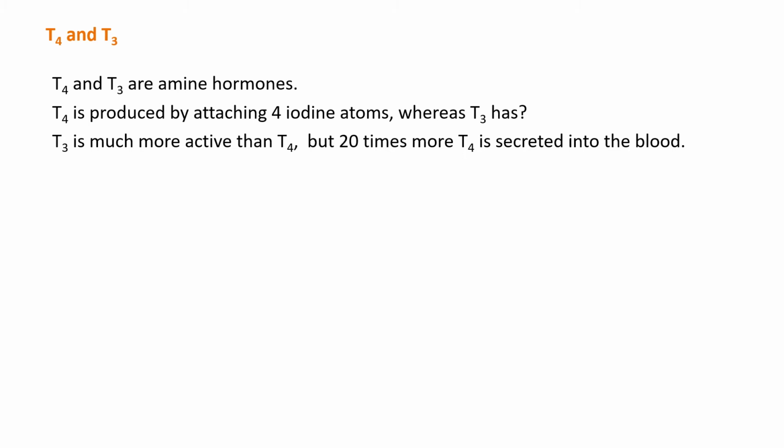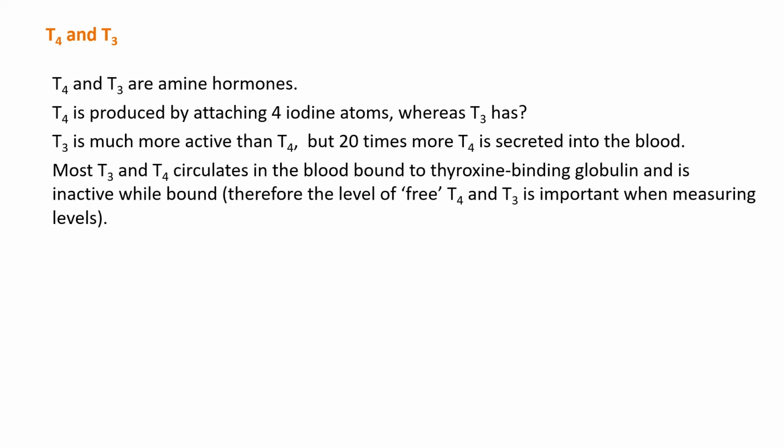So most of the thyroid hormones released are in the inactive T4 form. So it circulates in the blood, bound to a plasma protein, a thyroxine binding globulin. Globulin just means protein. And it's inactive when it's bound. So this is why there is so much significance placed on the levels of free T3 and T4.